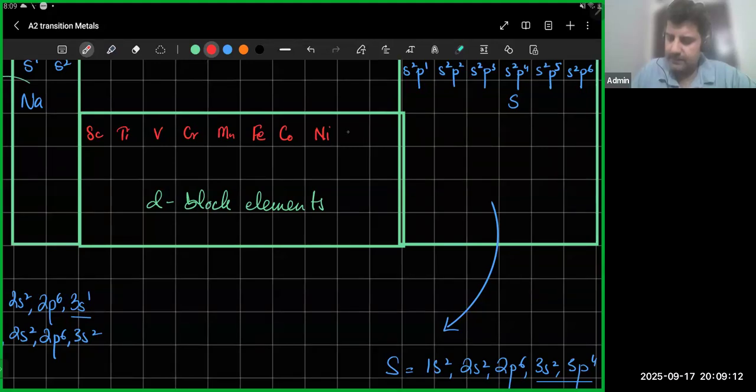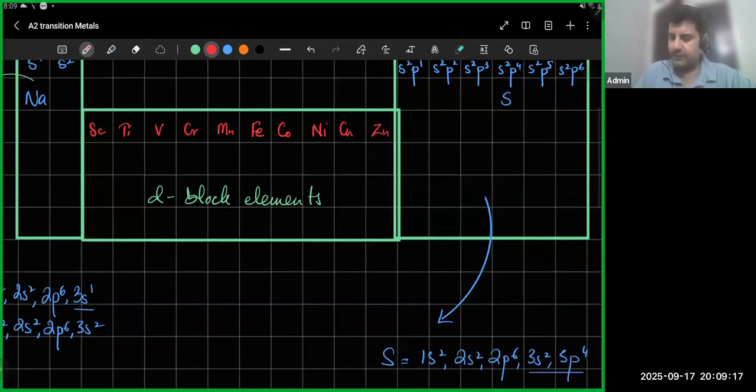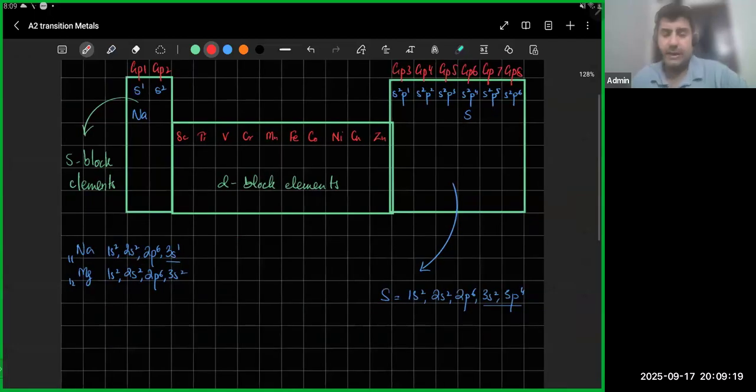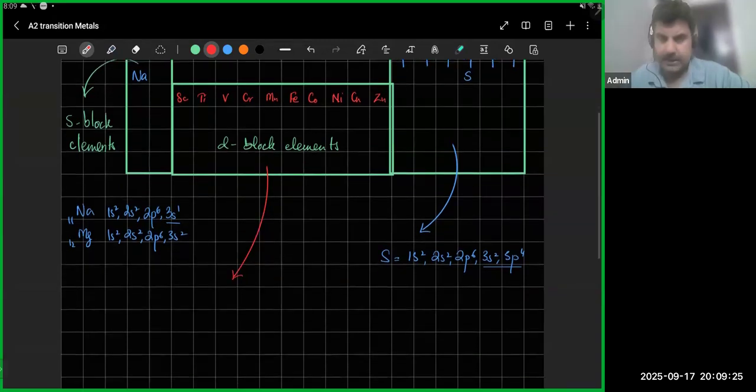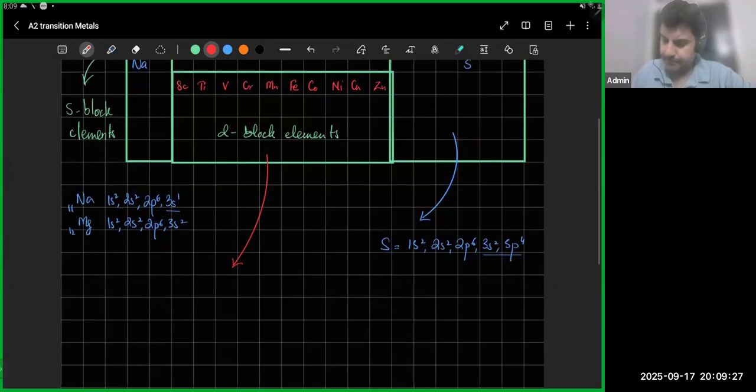Then you have copper, and then you have zinc. Hopefully that's the right order. These ones over here are known as d block elements because the last electron would go into a d subshell.